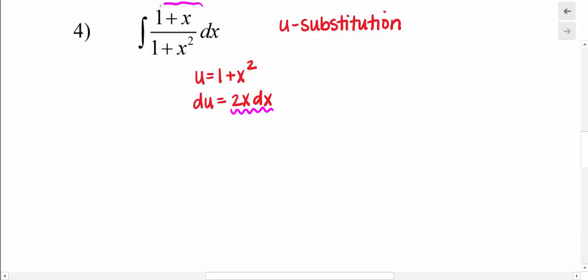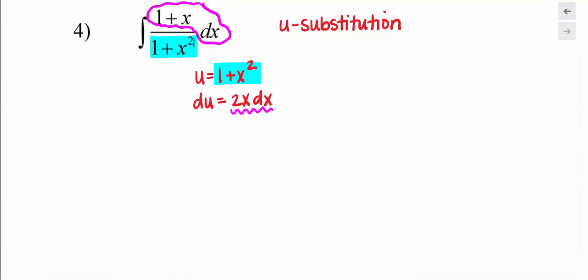And if you look at your numerator over here, all of that would have to be du because all of this is my u. So all the rest of it would have to be comprised by du. And the problem is you have 2 terms in your problem, but you have 1 term in your du. So there are more terms in your problem than what you actually found in your du. So it can't only be U-substitution. Well, it's kind of similar to number 1 then. I need to separate this out.